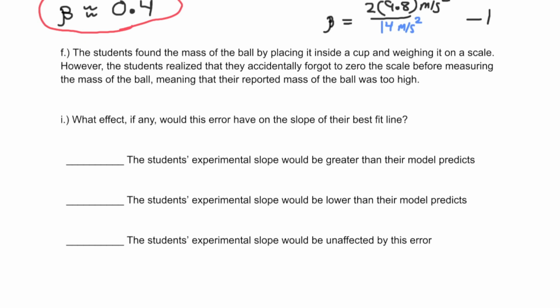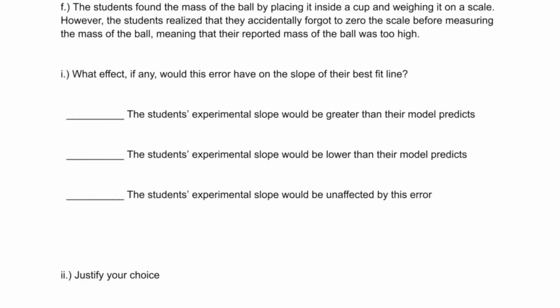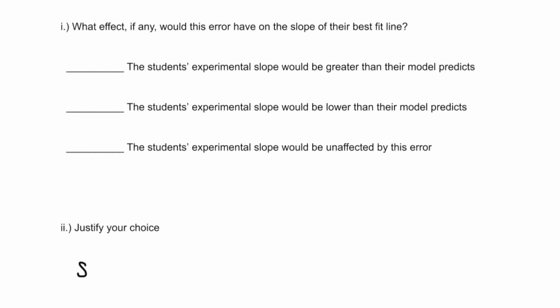So again, do not just go with your gut instinct here. Inform this result mathematically. Slope of the best fit line, that doesn't just spawn in from nowhere. So we had an expression for the slope of the best fit line up here. We said that the slope of the best fit line was equal to 2g divided by 1 plus beta.